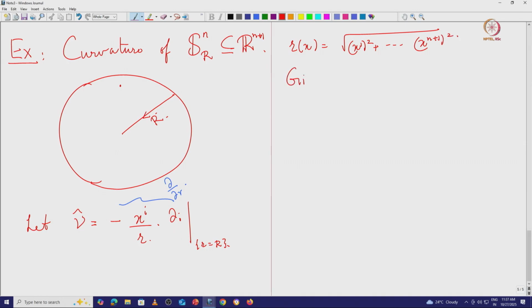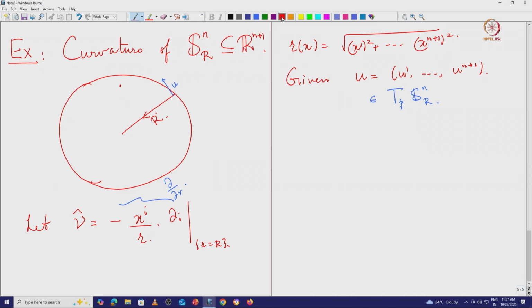Okay, so now suppose you are given a tangent vector whose components in R^(n+1), so let us say you are working at this point, you have a tangent vector u, its components in R^(n+1) are given by u1 up to u(n+1), and let us say this belongs to the tangent space to the sphere.